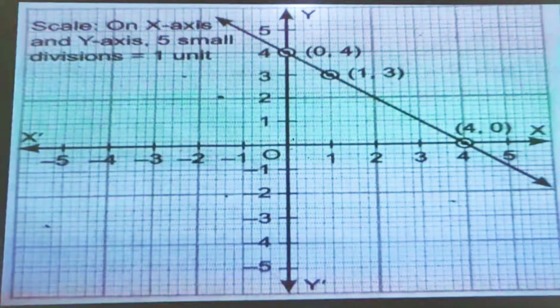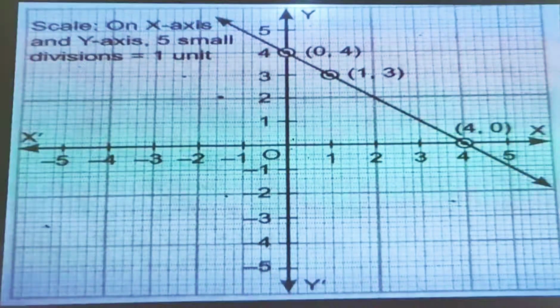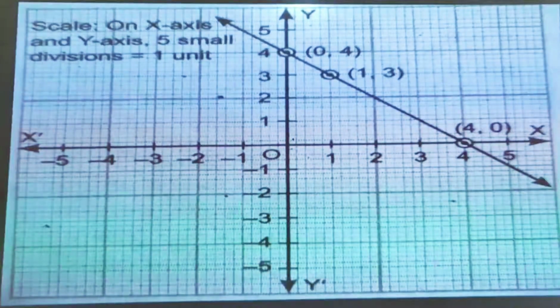You mark O as the origin. The x axis is labelled x, the y axis is labelled y, and then after each five small divisions you write the numbers 1, 2, 3, 4, 5. On the right hand side of the x axis are positive numbers, on the left hand side negative. Similarly for the y axis, the upper part has positive numbers and the lower part negative numbers.